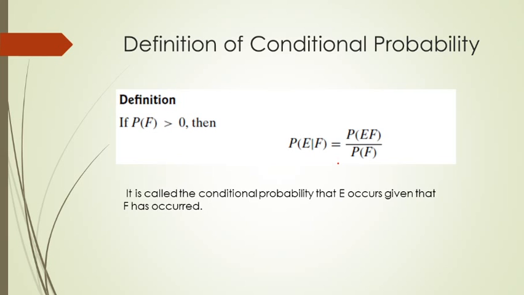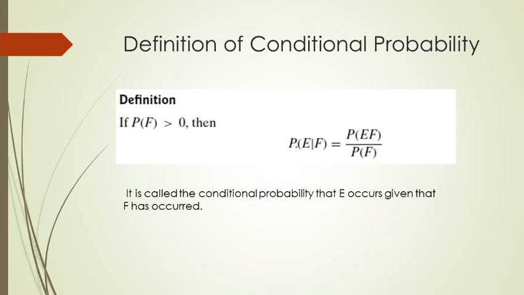So that is the conditional probability formula. We can calculate or evaluate the conditional probability, but the important part is how you define the given event F and then another event E occurs, or how you understand the probability given.